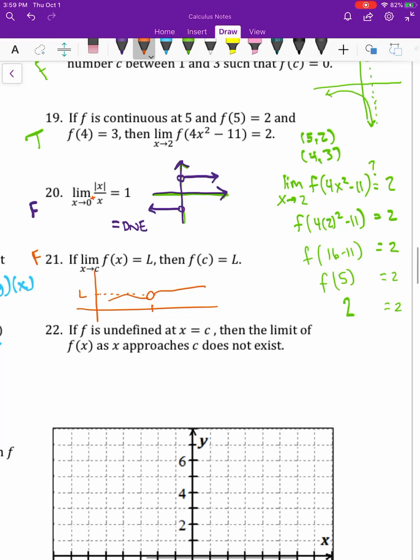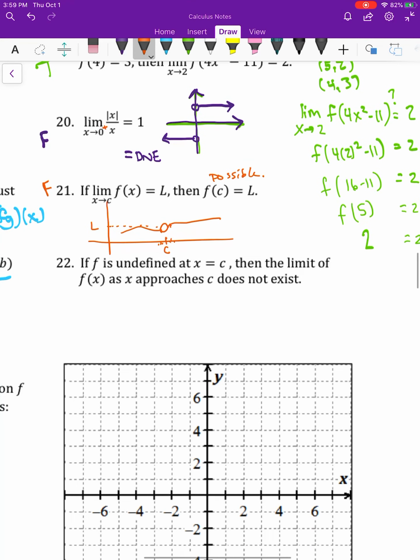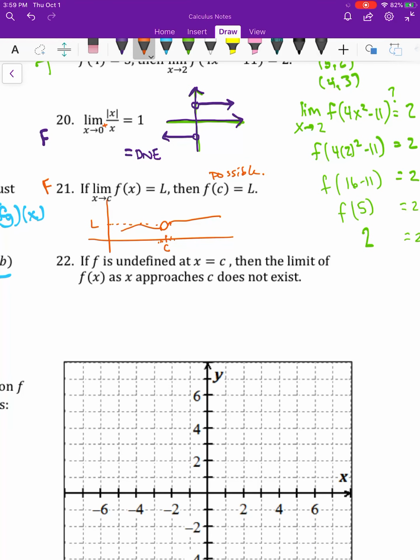I'm going to say, okay, there's my L, and this is my C. So I'm approaching C from the left, I get L. I'm approaching C from the right, I get L, but yet f of C is not L, okay? So that's why I had to say, this could be true. This is possible, but it's not something that has to be true, okay? So we have to say that's false.